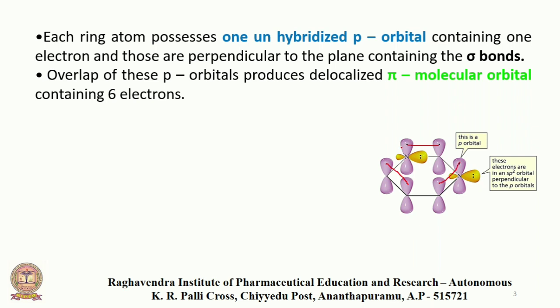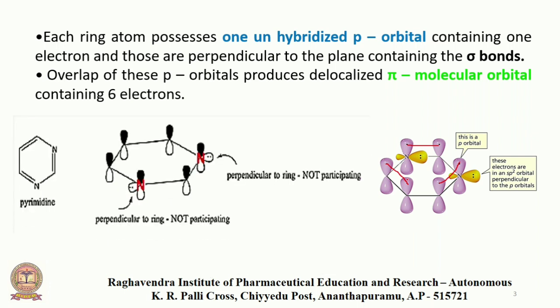So totally 6 electrons overlap, forming 3 pi bonds. This gives pyrimidine its aromatic character, due to the presence of 6 electrons. The sp2 orbitals are in the plane of the ring and do not participate in aromaticity. Only the unhybridized p orbitals are involved in forming pi bonds; the lone pair of electrons is not involved.